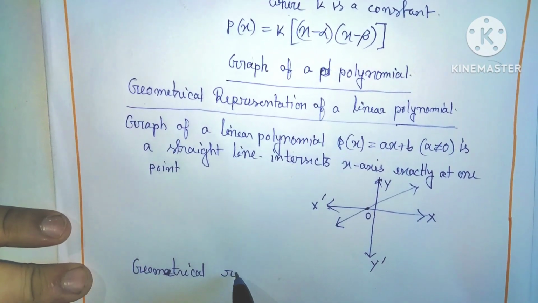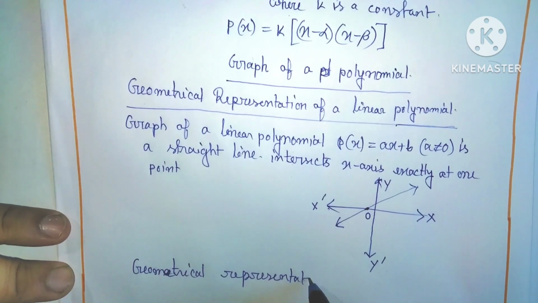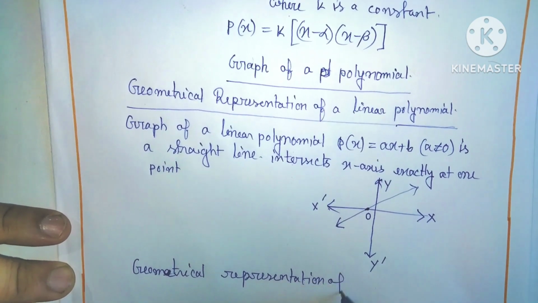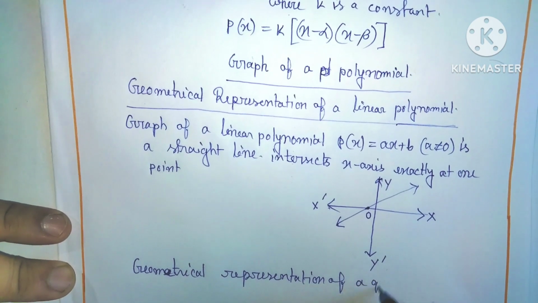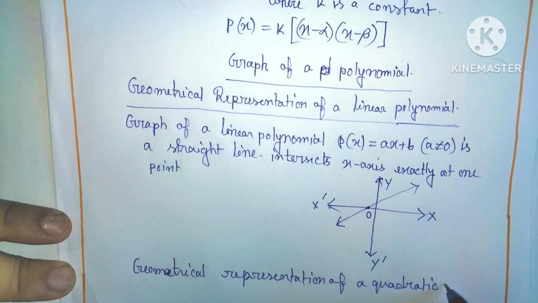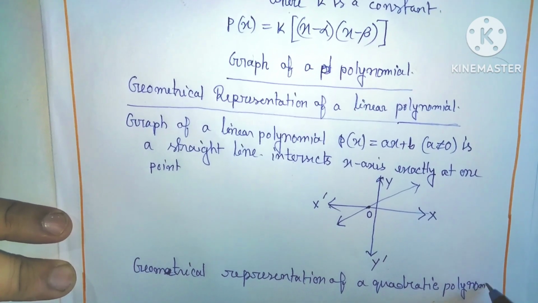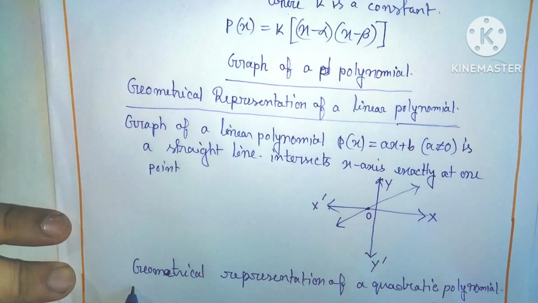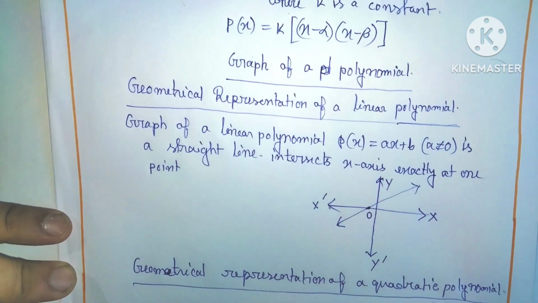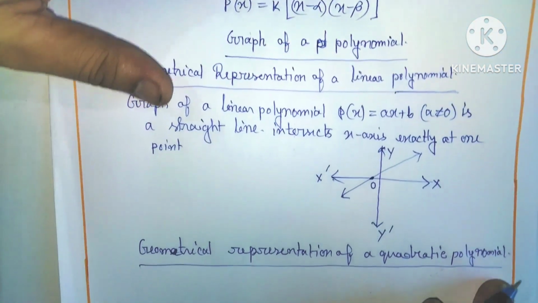Again, geometrical representation of a quadratic polynomial. So the graph of a quadratic polynomial is a parabola.